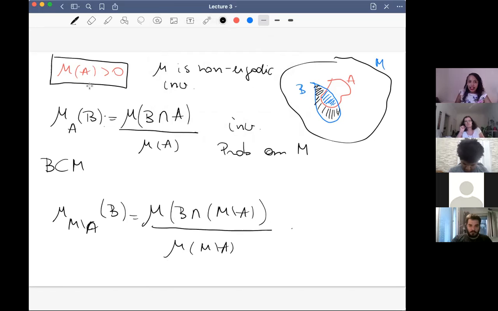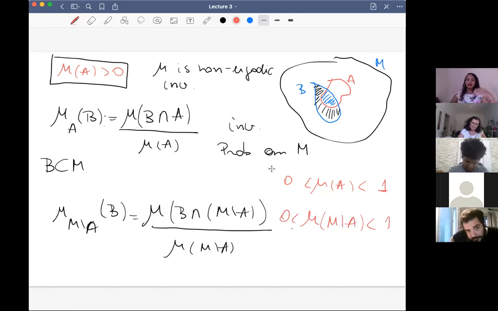Well, this works if the measure of A is positive and also not 1, because we are in the case that's not ergodic, so the measure of A is between 0 and 1. The measure of the complement of A also has to be between 0 and 1. If the measure of the complement of A is 1, the measure of A should be 0, because if the complement of A is everything, A is nothing.